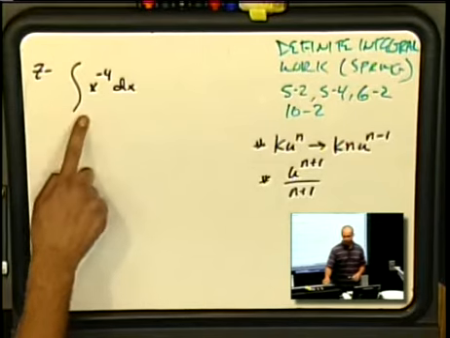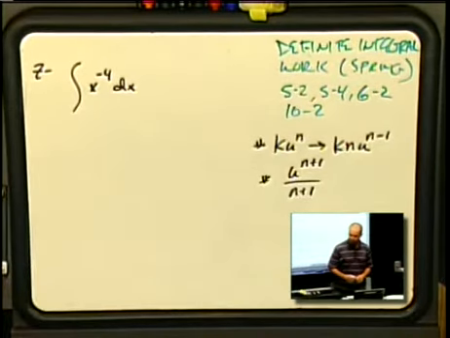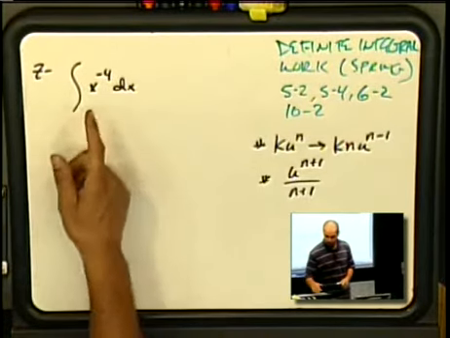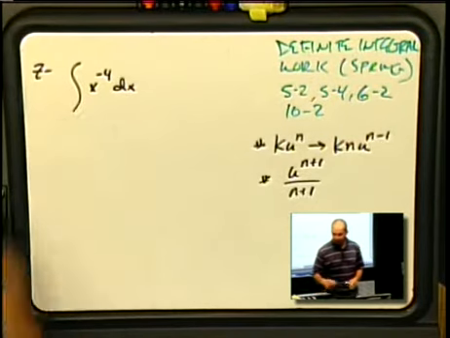So if you want to integrate x to the negative 4, we're taking the derivative of x to the negative 4.